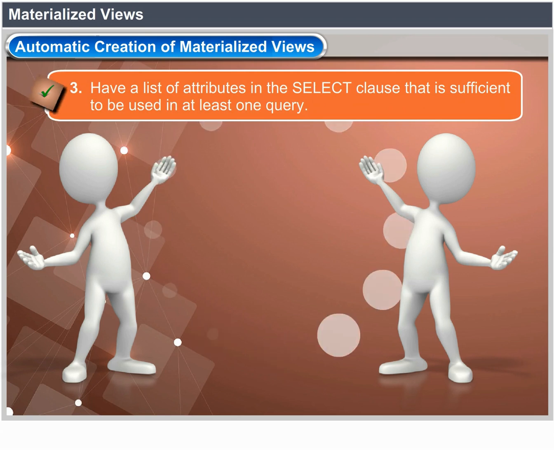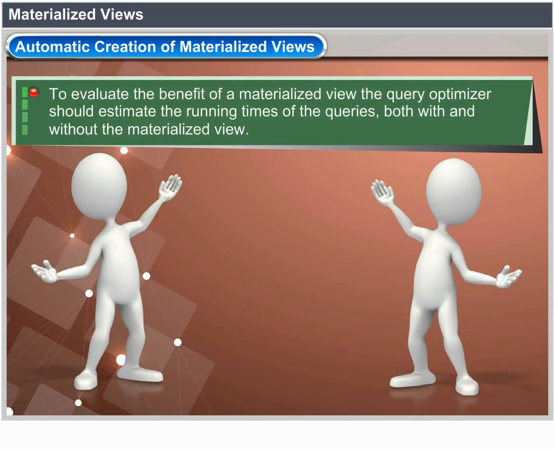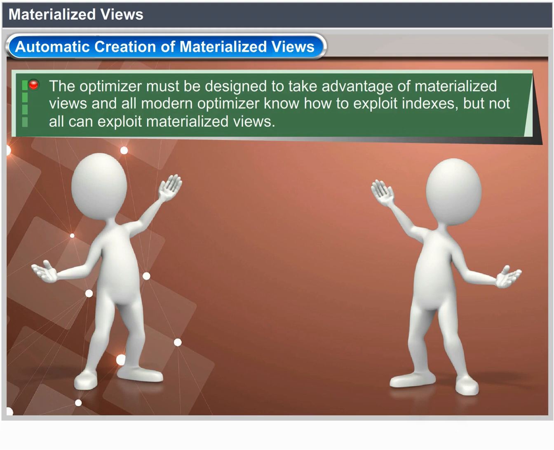To evaluate the benefit of a materialized view, let the query optimizer estimate the running times of the queries both with and without the materialized view. Of course, the optimizer must be designed to take advantage of materialized views. All modern optimizers know how to exploit indexes, but not all can exploit materialized views.